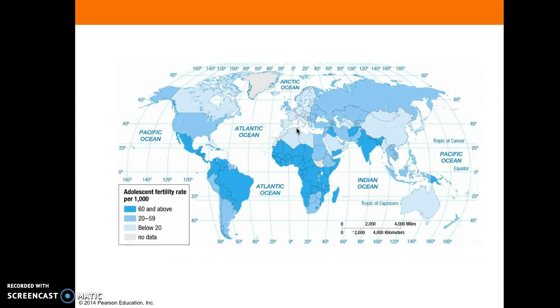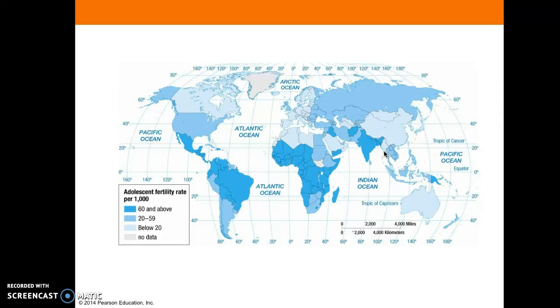If we look at adolescent fertility rate per every 1,000 people, in the U.S. we're kind of in the middle ground. Canada and Europe, North Africa, China, they all have really, really low rates, less than 20 teenage girls getting pregnant per every 1,000 teenage girls.